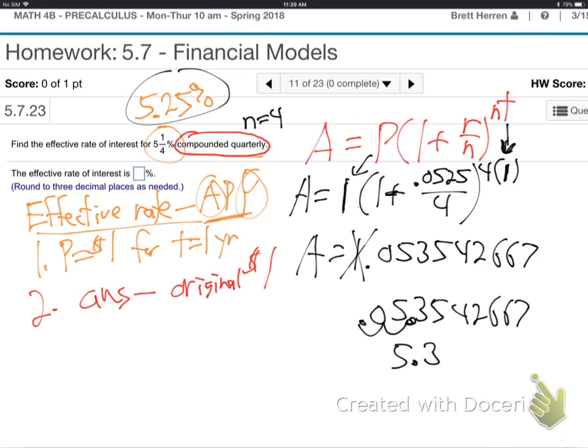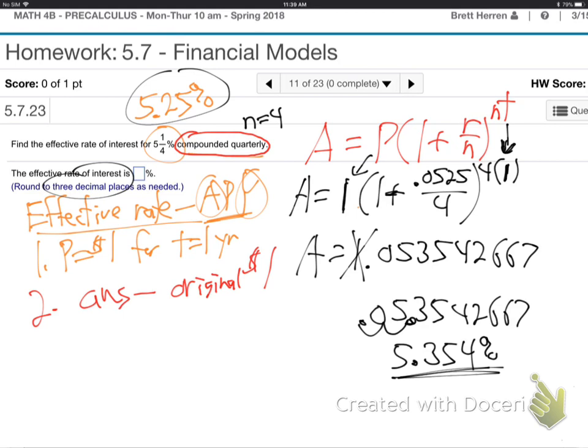So how many decimal places do they want? 3. 5.354%. There it is. 5.354%. That's the actual effect of that account. It's not really 5.25, it's a little better than that.